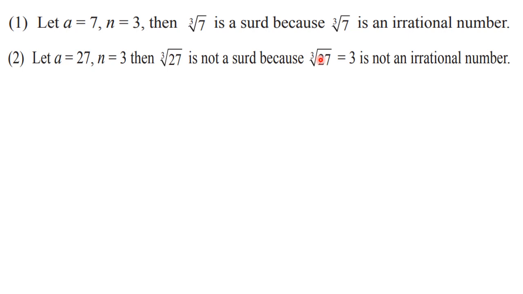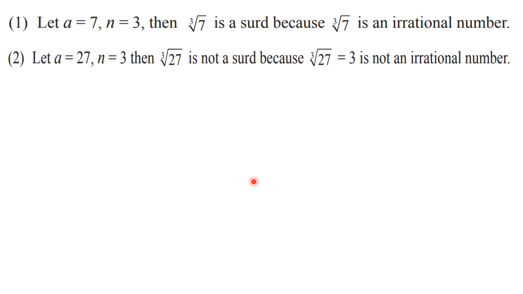We can write cube root of 27 as 3, and 3 is not an irrational number. Therefore we say that cube root of 27 is not a surd. Two conditions are satisfied, but the third condition, that overall the number should be irrational, is not satisfied, because cube root of 27 is 3, which is not an irrational number. Therefore, cube root of 27 is not a surd.